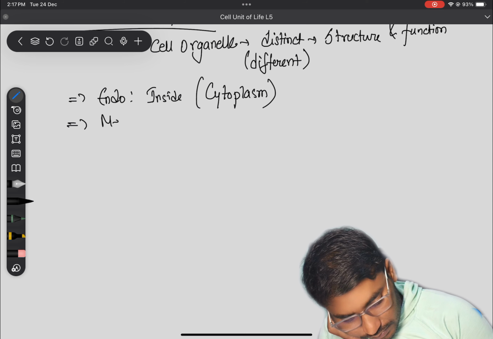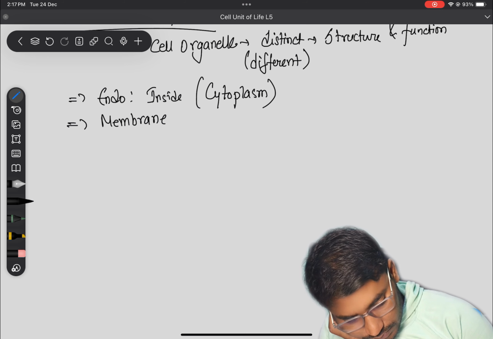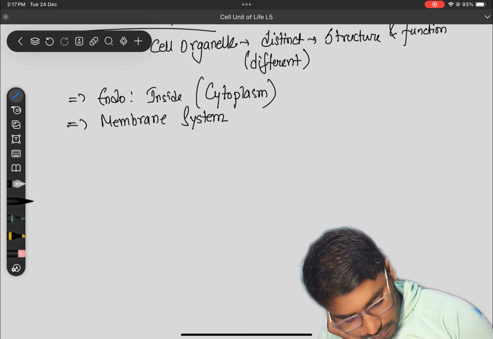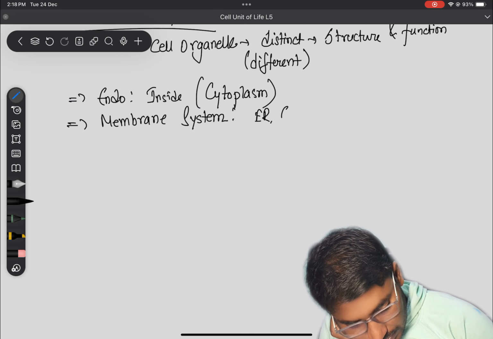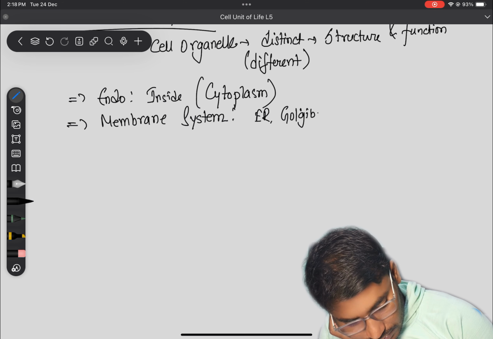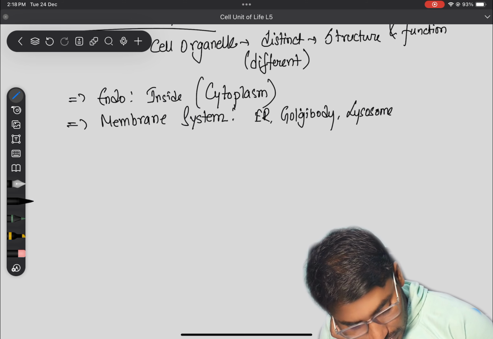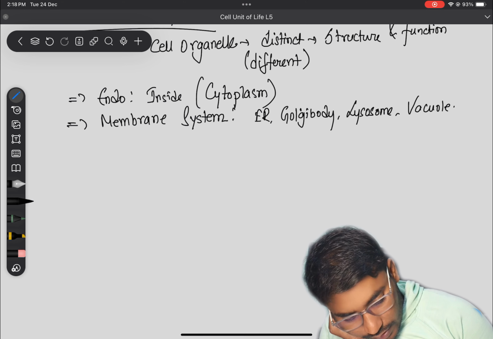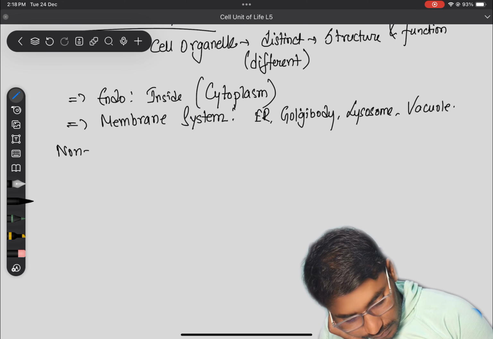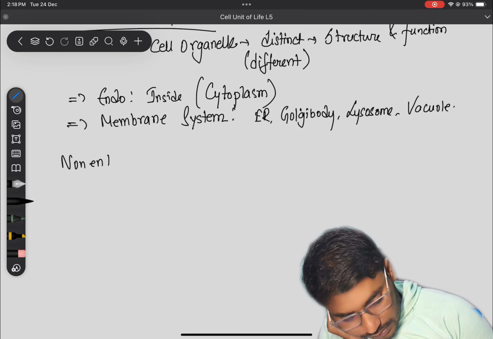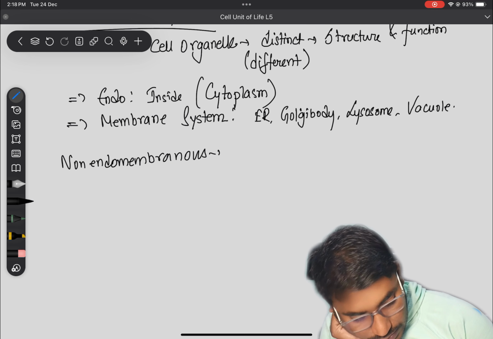Membrane system: ER, Golgi body, lysosome, vacuole.